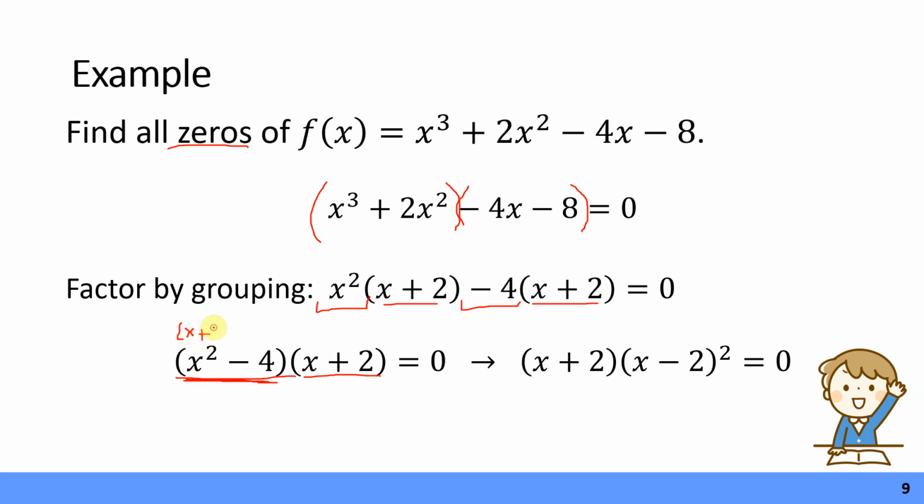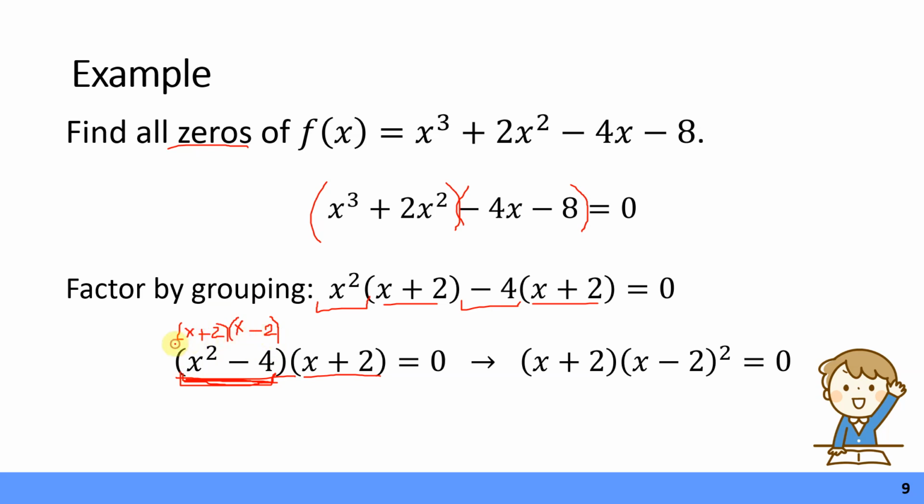I know I didn't type that out, but I'll write it down here. And x minus 2. Again, if you don't know what I'm talking about, go back to your notes on factoring. And we learned that when you have a binomial like this one, that is a difference of 2 perfect squares, you can factor it out like this.